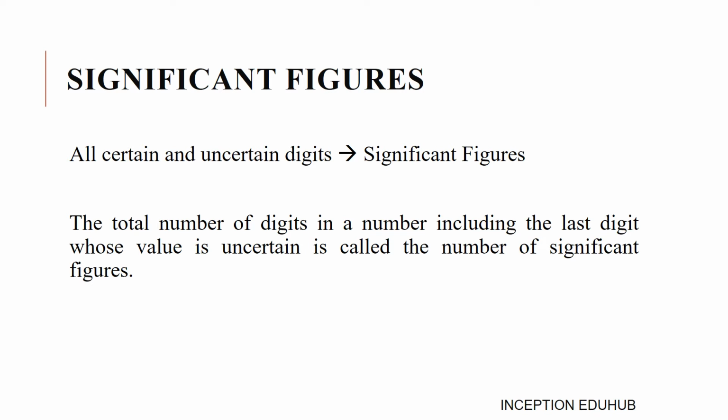So basically, significant figures is a collection of all the certain and uncertain digits in a number. Its definition is the total number of digits in a number including the last digit whose value is uncertain. Basically, you're going to understand it more when we start doing the examples. So let's proceed with them.